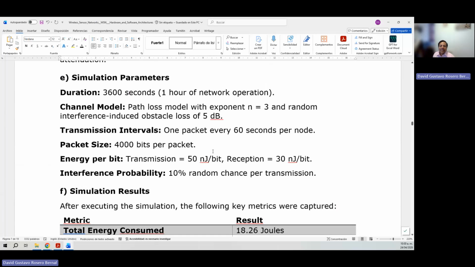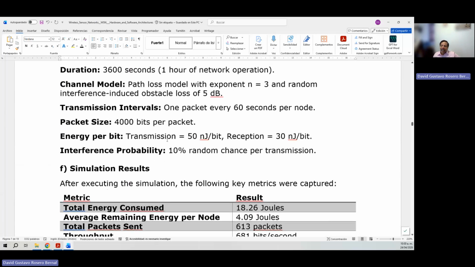The packet size is 4,000 bits per packet. The energy for transmission is 50 nanojoules per bit, and for reception 30 nanojoules per bit. The interference probability is 10%, randomly chosen for transmissions.